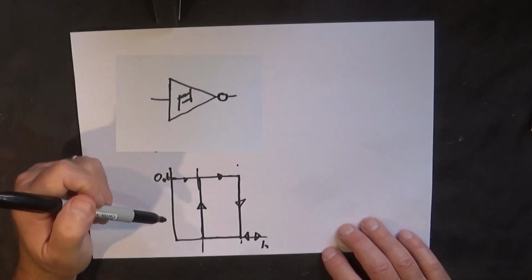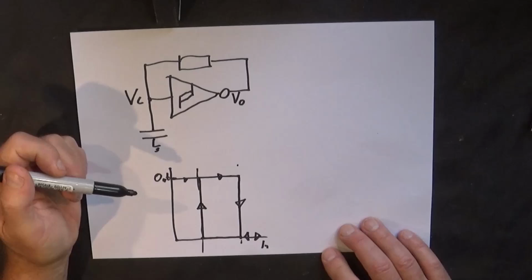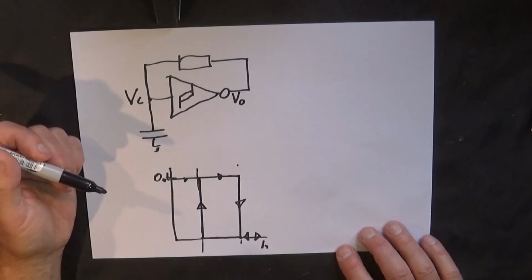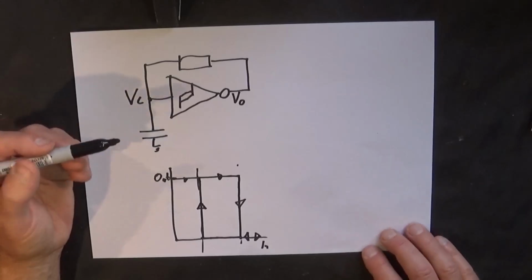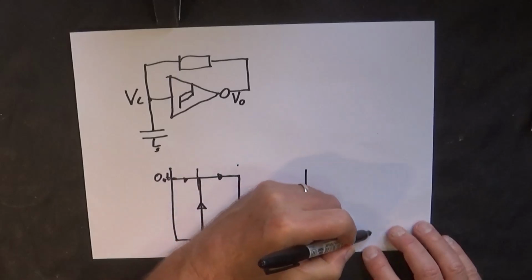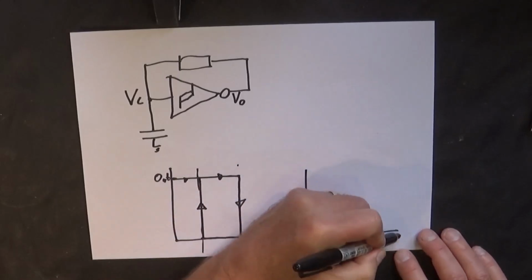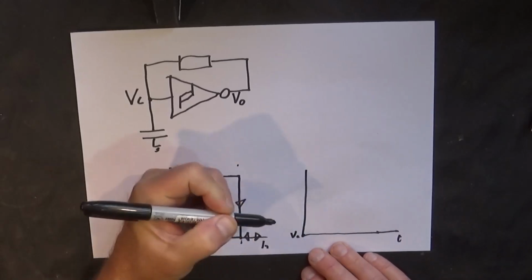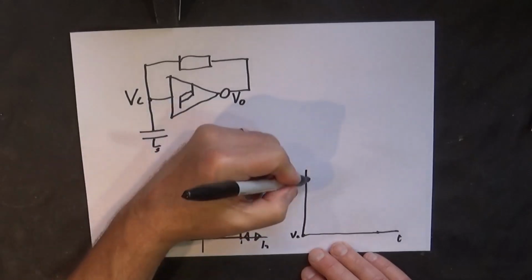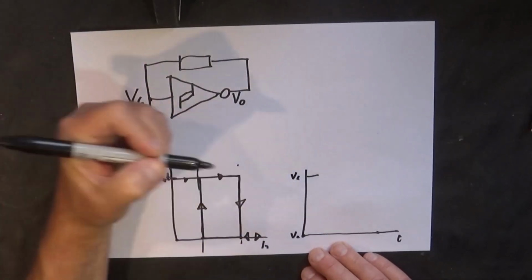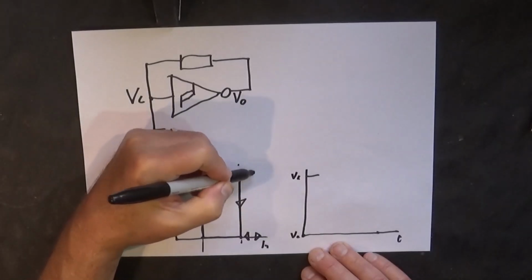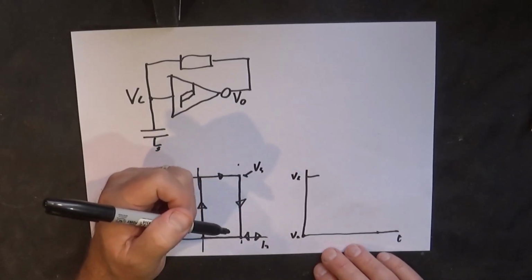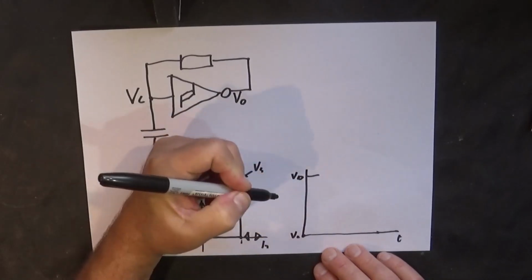So now let's draw a resistor and a capacitor, and this is not really electronics, this is just to try and get our head around the behaviour of the system. So here we have time, and VC starts at 0, so VO starts at what I've called VS. That's VO.